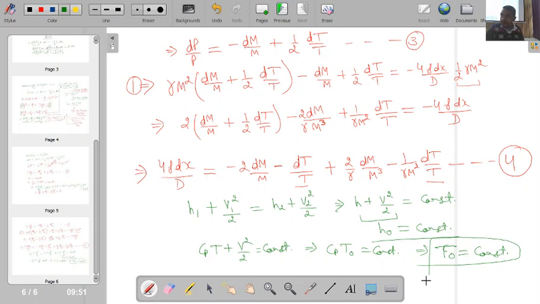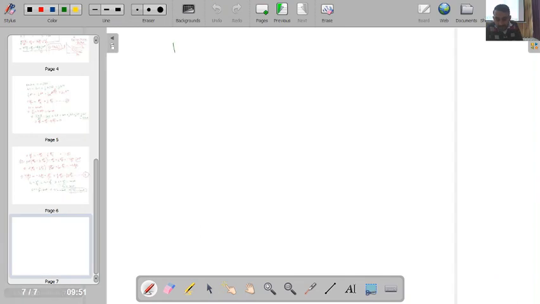Now, if my T naught is equal to constant, I have the relationship between T naught and T, which we have calculated earlier in terms of Mach number: T naught by T equal to 1 plus gamma minus 1 by 2 into Mach number square. So from here I can write T naught will be equal to T times 1 plus gamma minus 1 by 2 m square.